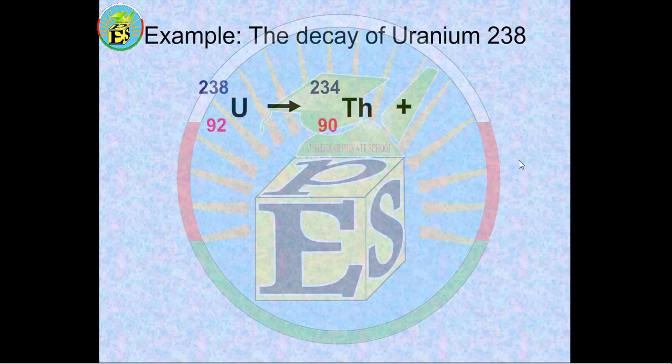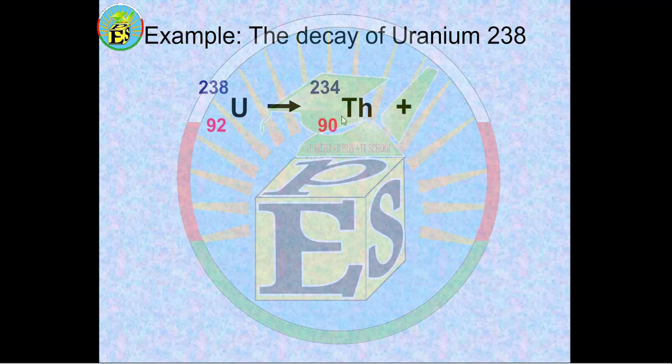Alpha decay. What happened? This is an example of alpha decay. Uranium 238, this is the mass number, and 92 is the atomic number, the number of protons. If we want to calculate the number of neutrons, we subtract this number from 92.